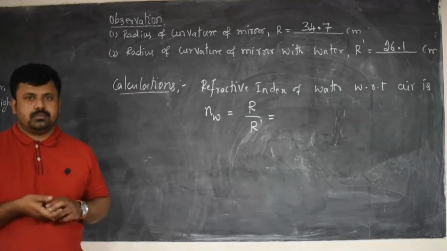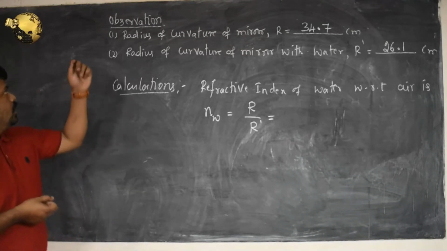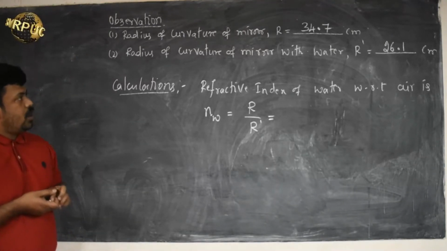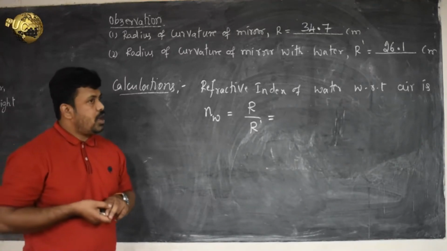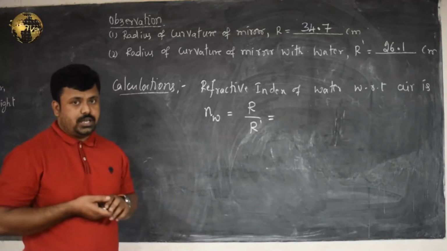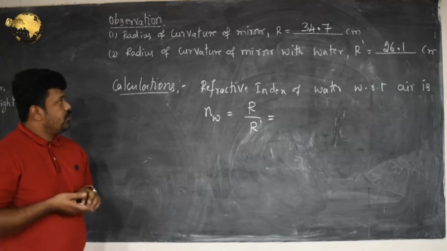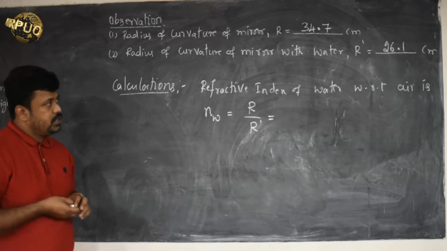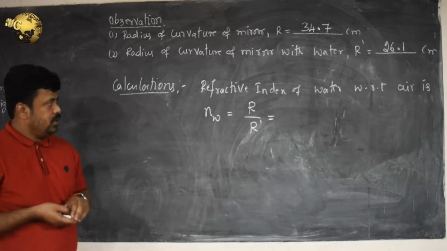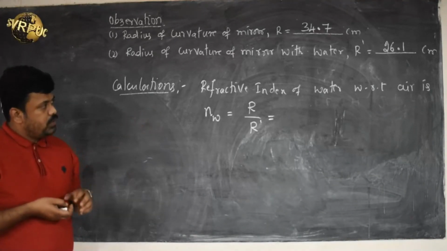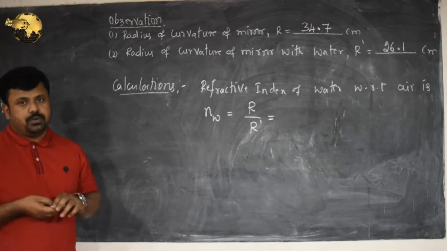Very simple. We got the values of R and R dash. First one, the radius of curvature of the mirror, R is equal to 34.7 centimeters. The radius of curvature with water, R dash is equal to 26.1 centimeters. Let's calculate the refractive index of water with respect to air.